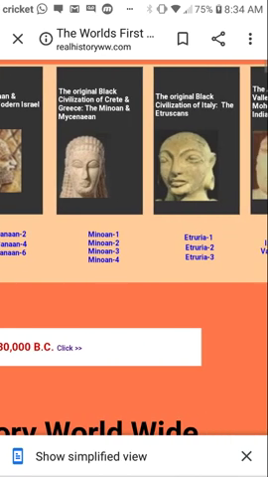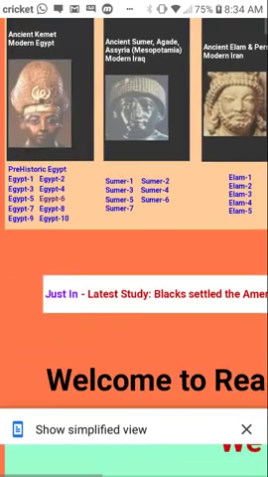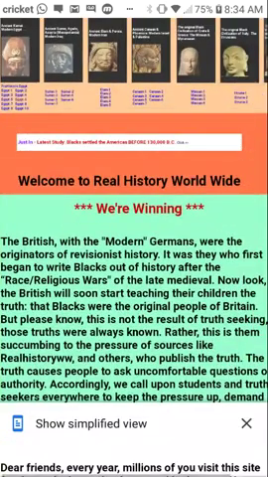The Minoan and the Mycenaean, the original black civilizations of Italy, the Etruscans. All human beings had black skin first, guys. The original Indus Valley peoples, those of Harappa and Mohenjo-daro, modern India and Pakistan, those original peoples were black-skinned peoples with straight hair. Okay, so welcome to Real History Worldwide.